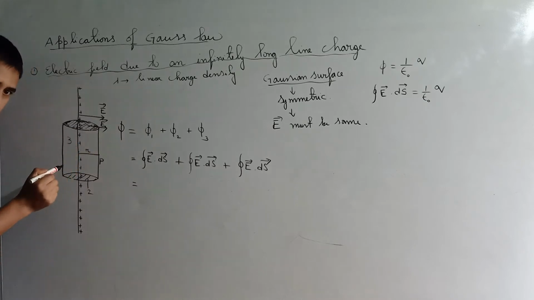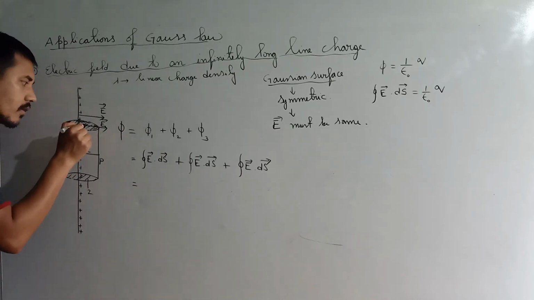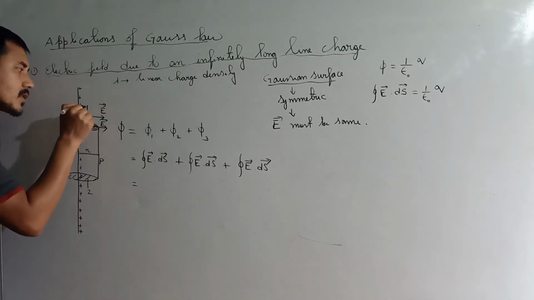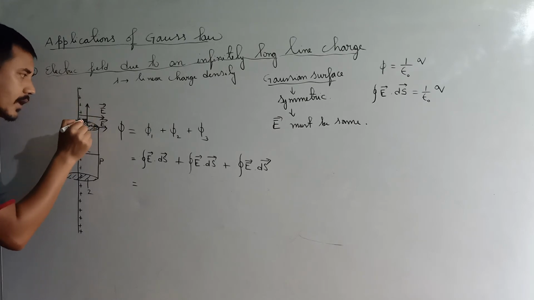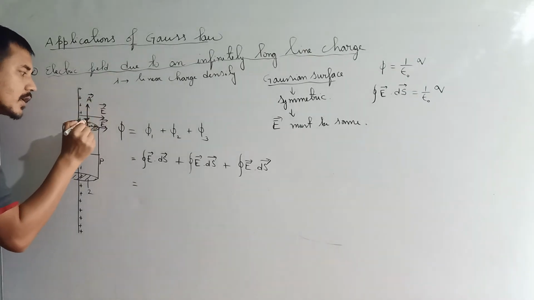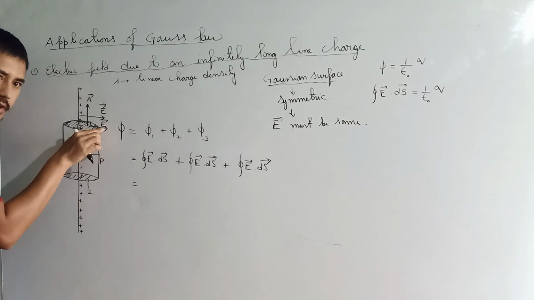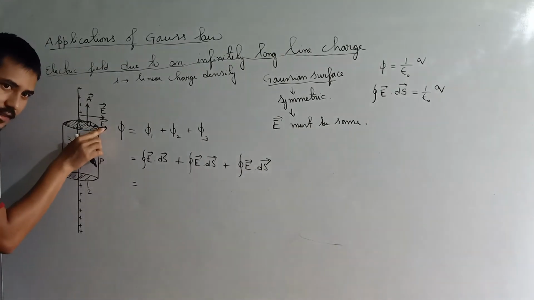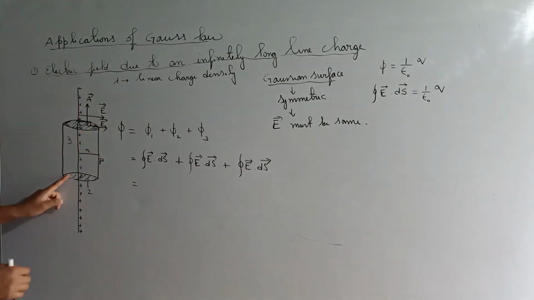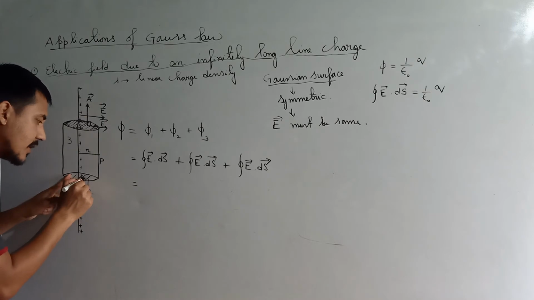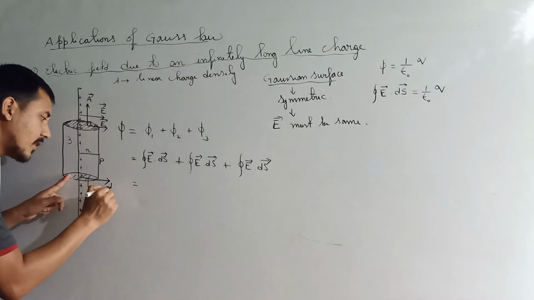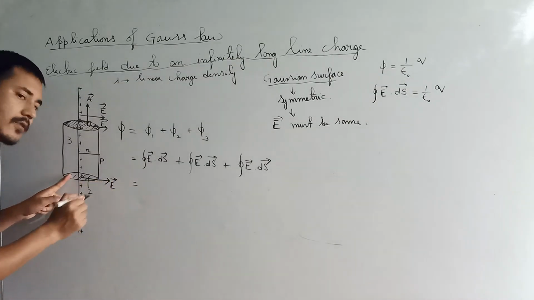So for this surface, what will be the area vector? Perpendicular outwards, so this will be the area vector, right? So it will be perpendicular to your electric field. For this surface also, the electric field is acting radially outwards in this direction, right?